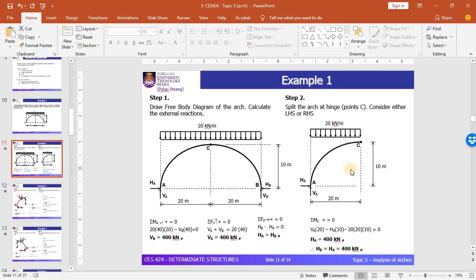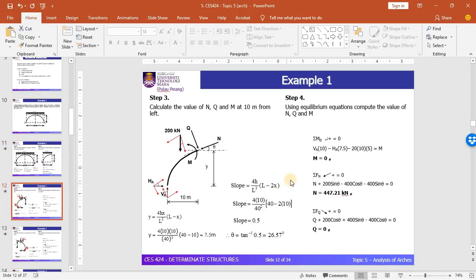If you compare these solutions to find the reactions, it is actually similar to the steps for a beam with hinge, in the arch with hinge. So normally this is the procedure to solve for the reactions of a structure with hinge.